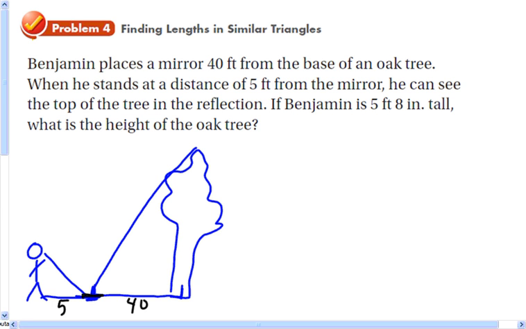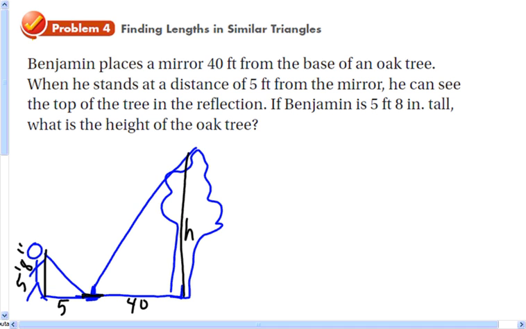Ben is 5 feet 8 inches tall. Actually, we should know where his eye is, but we're just estimating, so that's probably pretty good. 5 feet 8 inches. And we are trying to find the height of the tree, which we'll just call H. And so we get two similar triangles like that.